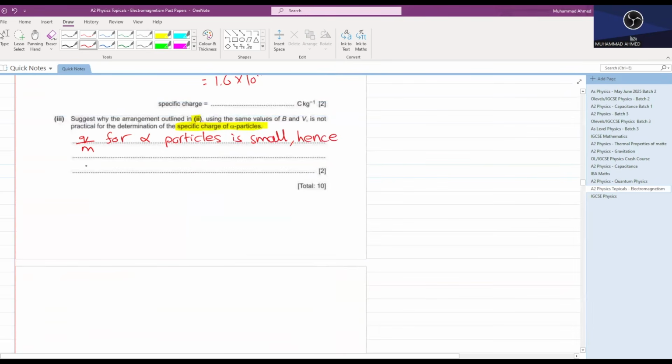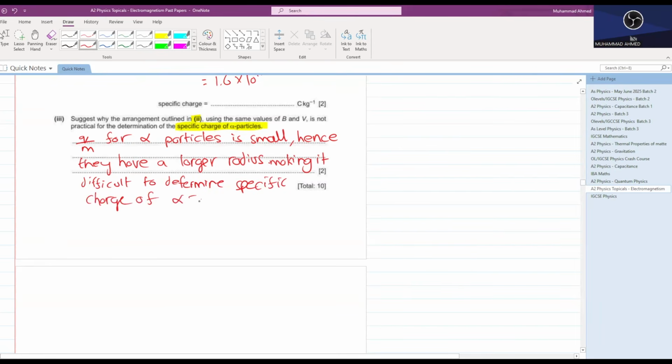Hence they have a larger radius, making it impossible or difficult to determine the specific charge of alpha particles using this apparatus.